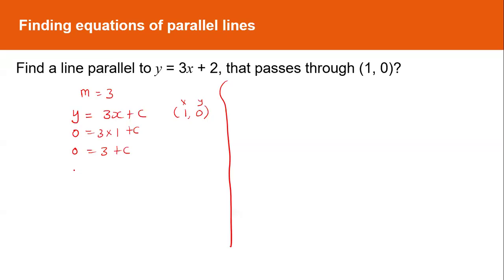So we'll subtract 3 on each side, which will give us 0 minus 3 is equal to 3 minus 3 plus c. Then we have 0 minus 3 is equal to c, giving us negative 3 is equal to c. And then we make the line y is equal to 3x plus negative 3, which gives us y is equal to 3x minus 3.